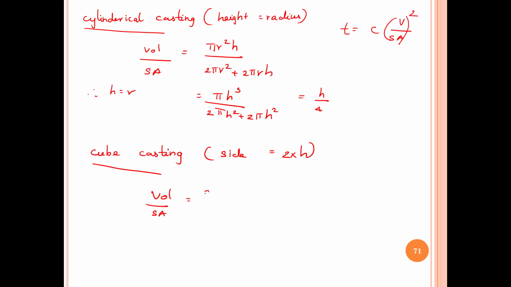This is equal to a cube divided by 6a square, since a is the side of the cube, then a by 6. With a equal to 2h, it is 2h divided by 6, so it is h by 3.